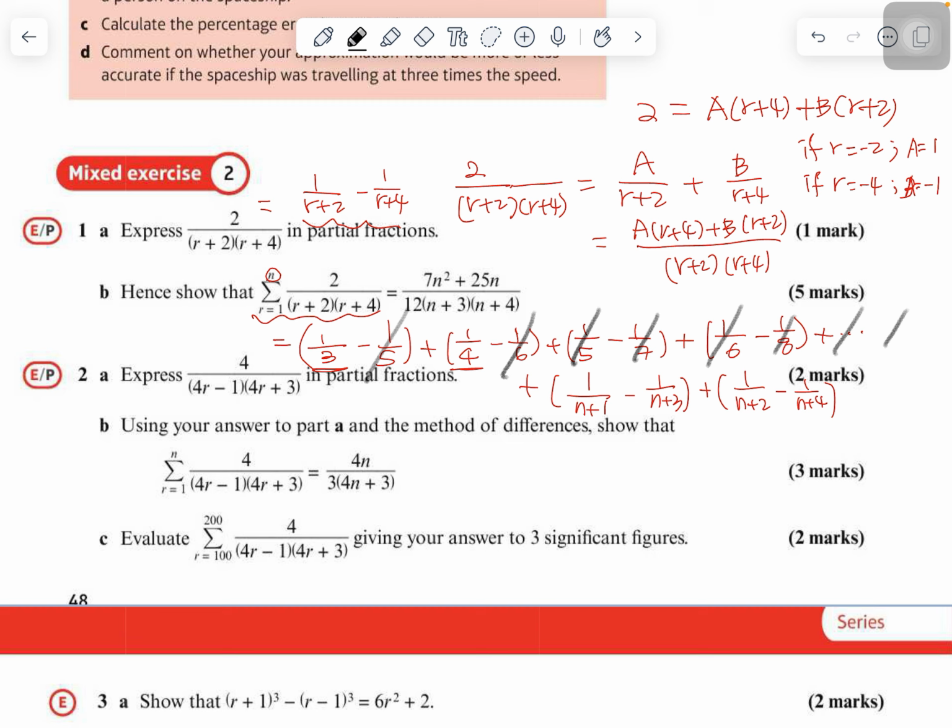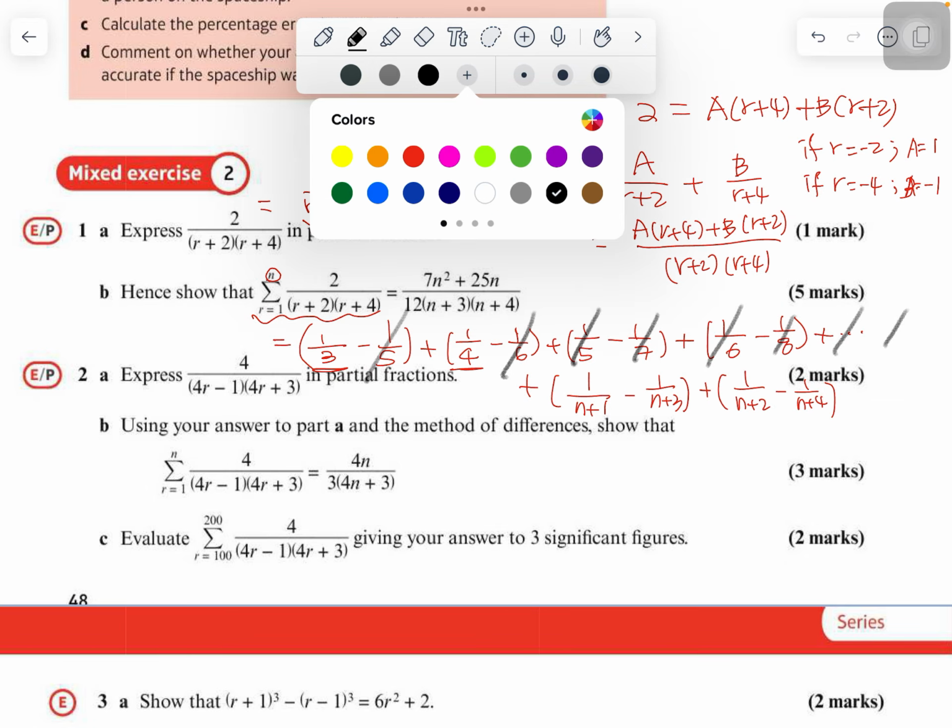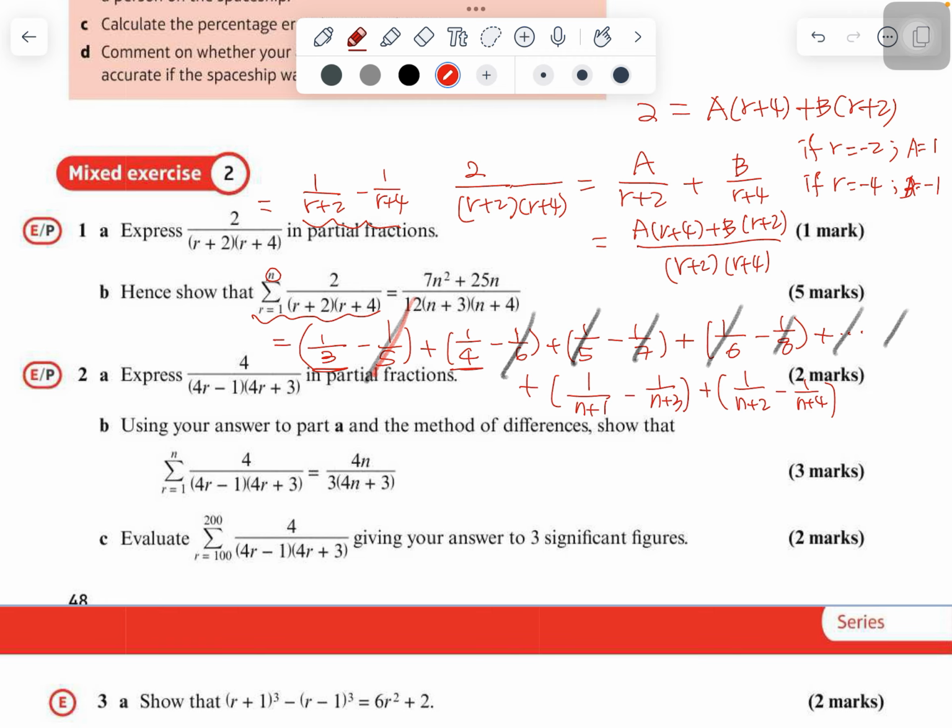Let's do the elimination again. Let me change the color. So this and this, this and this, this and this, this and this. Anyway, this is the pattern.